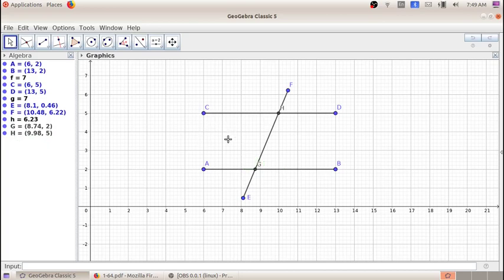Now let us move to co-interior angles. So I will show you the co-interior angles. You just listen. Take the angle tool, BGH and GHD.